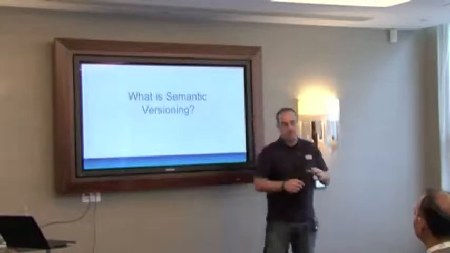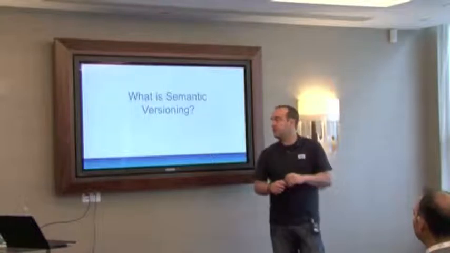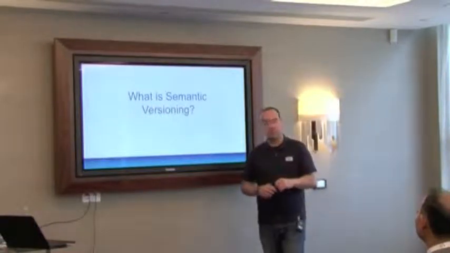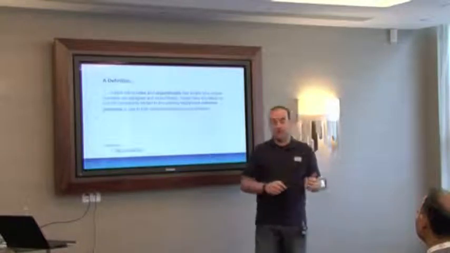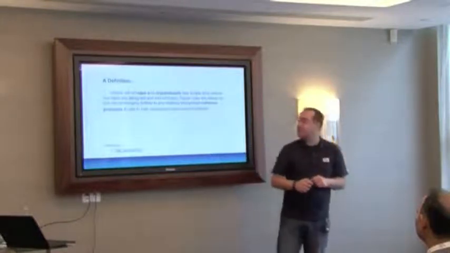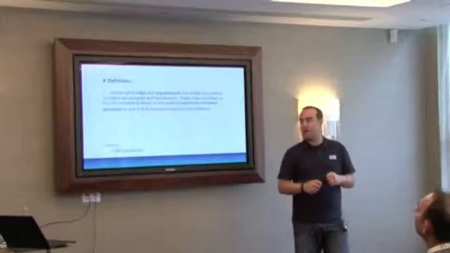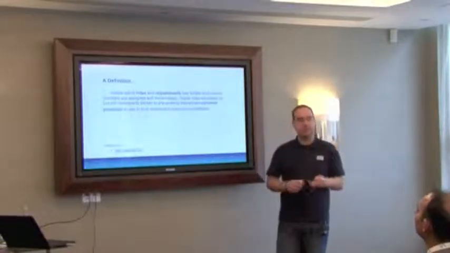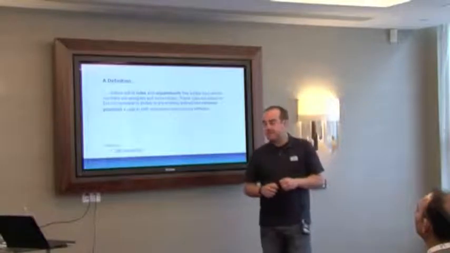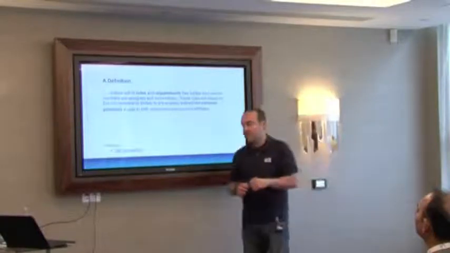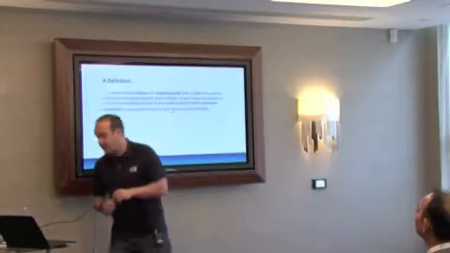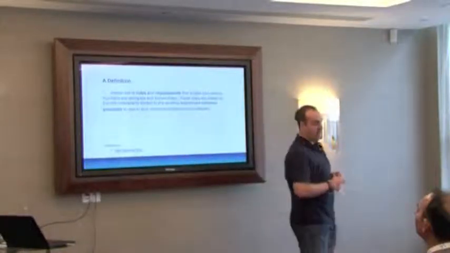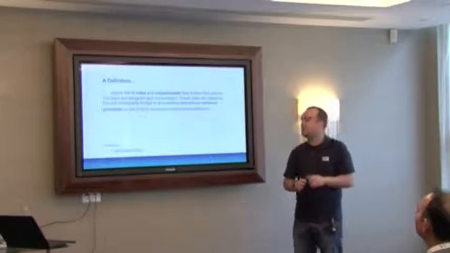Now that we know what GitVersion itself is, we need to focus on what semantic versioning is and why we want to use it. Semantic versioning by definition is a simple set of rules and requirements that dictate how a version number should be incremented. It's a philosophy put forward by Tom Preston-Werner, who was the co-founder of GitHub and the creator of Gravatars.